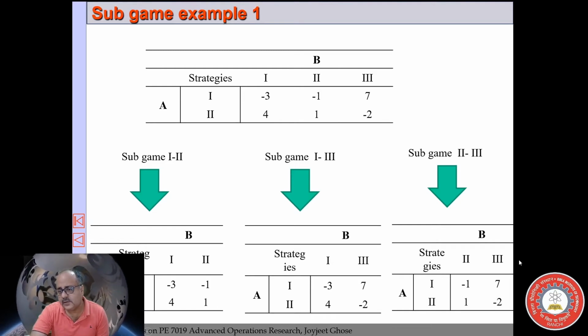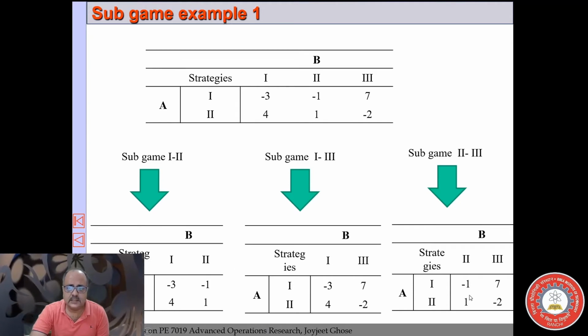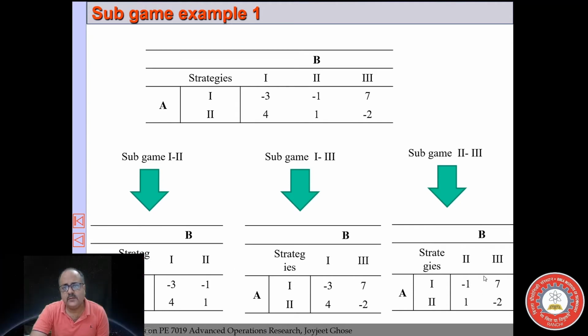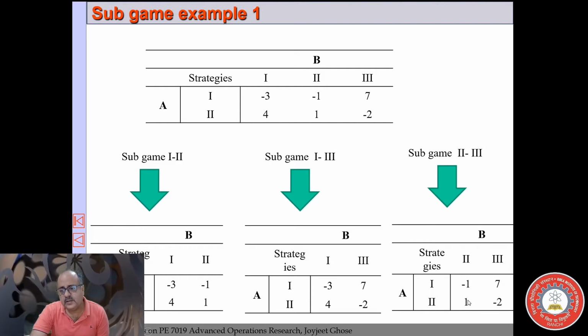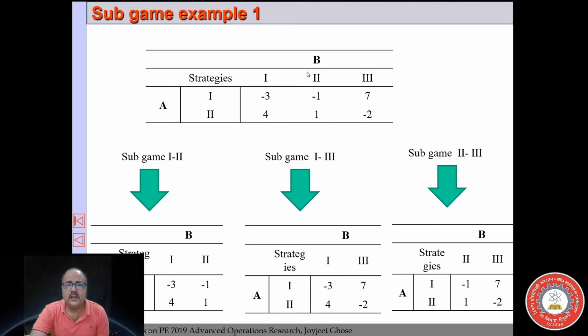If this is the smallest among the 3, then B will follow strategies 2 and 3, and B will never follow strategy 1. So the probability of B following strategy 1 will be 0, and the value of this subgame will be the value of the larger game.